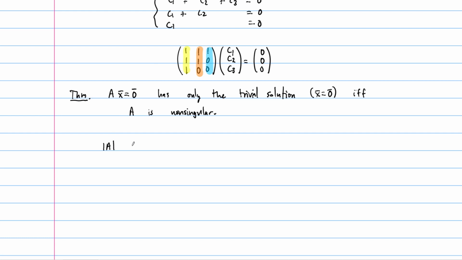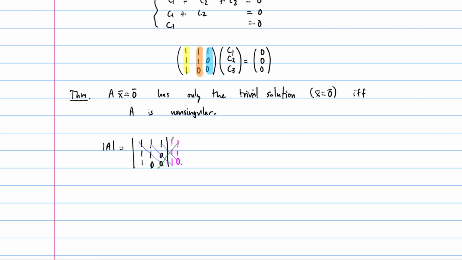So we should remember this theorem. But the determinant of A, remember the calculational method that I have is to copy these columns and then multiply along diagonals here and subtract these ones.